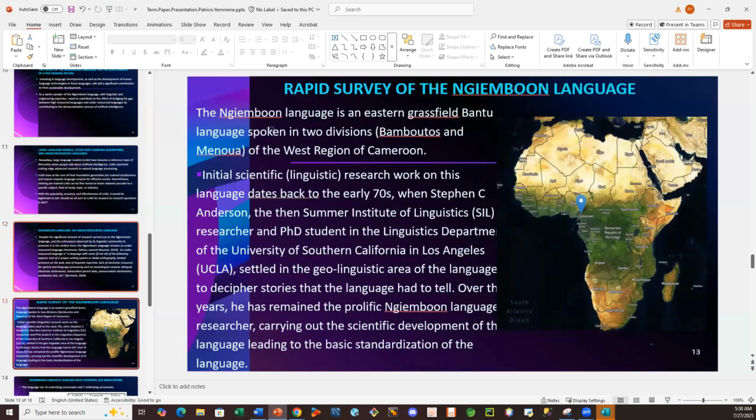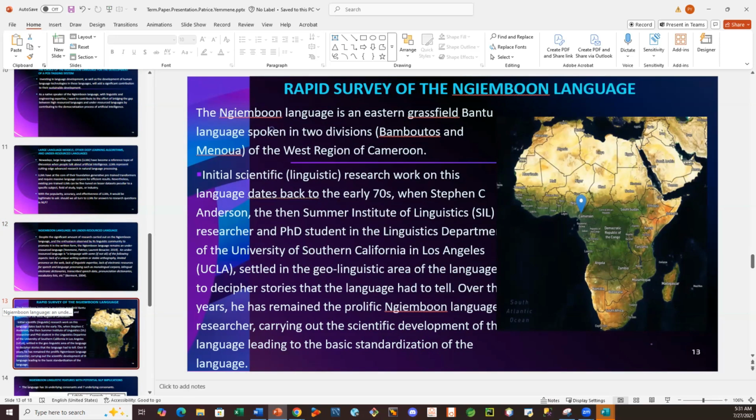So the Ngiemboon language is an Eastern Grassfield Bantu language spoken in two divisions, Bamboutos and Menoua, of the West Region of Cameroon in Africa.